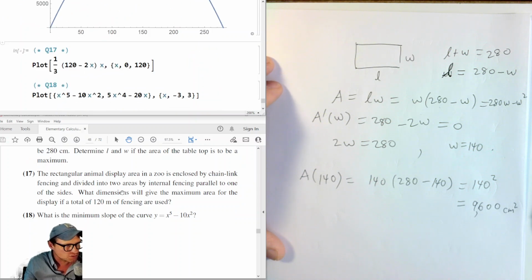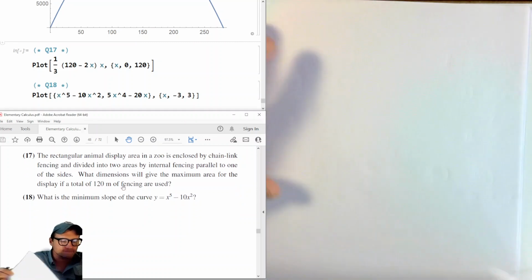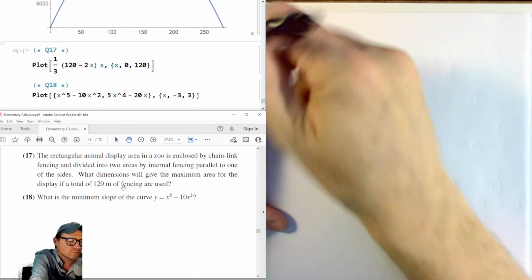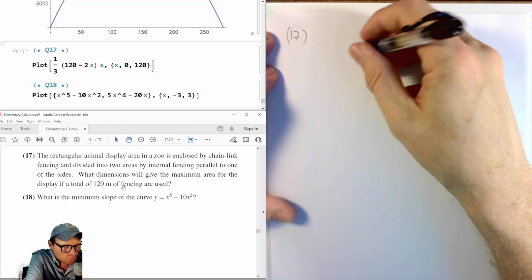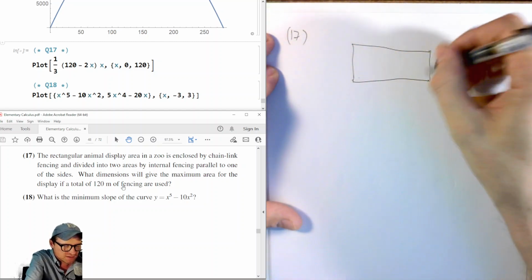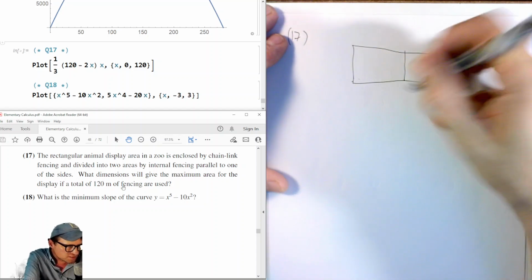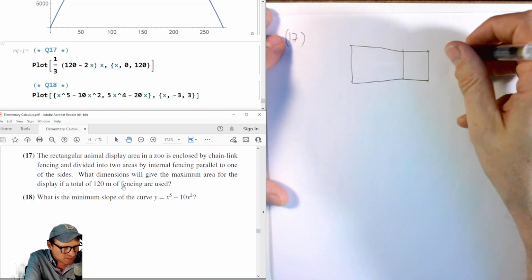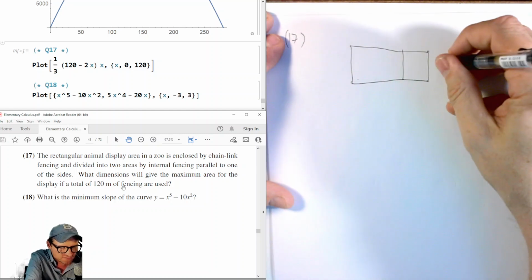All right, let's move on to question 17. Question 17 says we've got a rectangular animal display, but there's a partition in there. What dimensions give the maximum area for the display if a total of 120 meters of fencing is used?